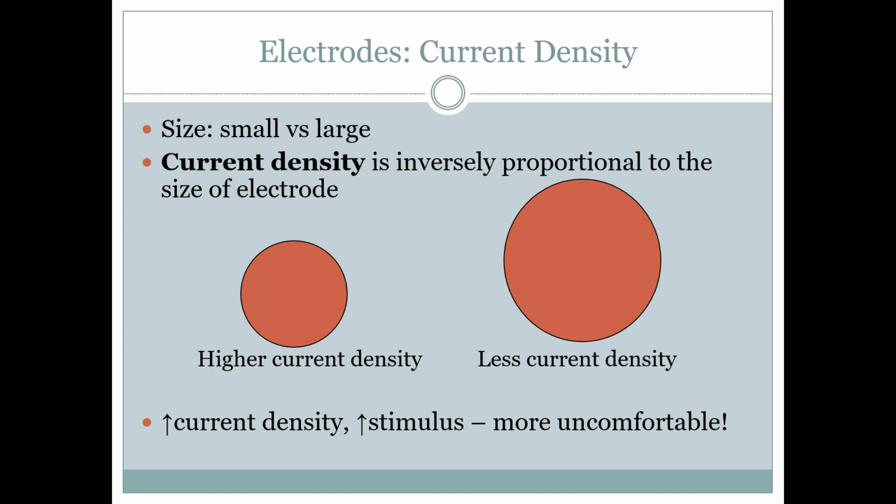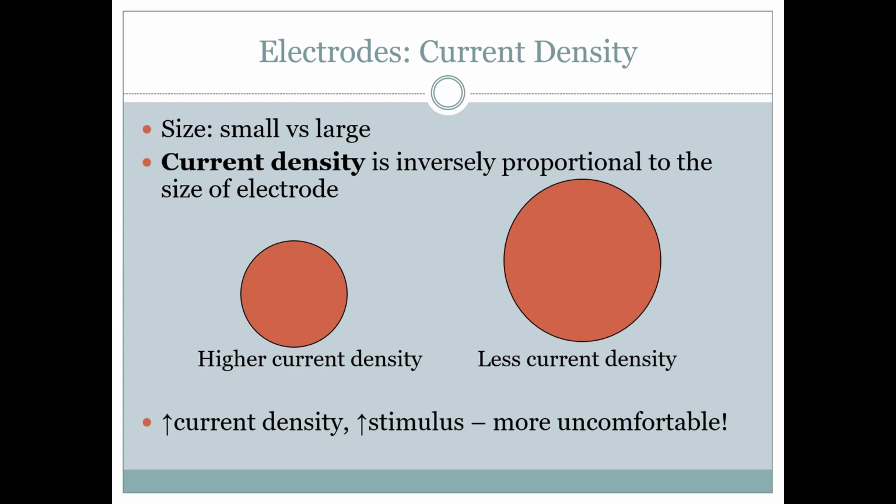Electrode current density. The shape of an electrode is not important. Most of them are round, square, or rectangle. However, the size and the material that the electrodes are made of are significant. The current density is inversely proportional to the size of the electrode.